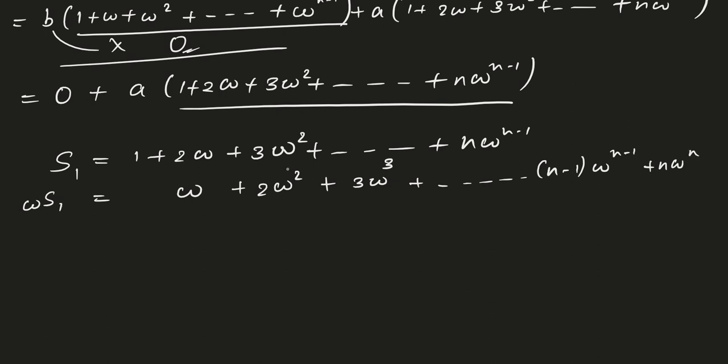Since we multiplied by omega, multiplying omega and n minus 1 into omega will just mean adding 1. So this one will cancel out and this will come.